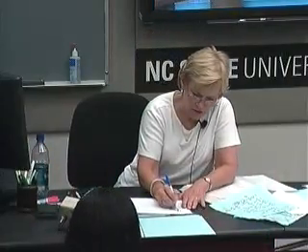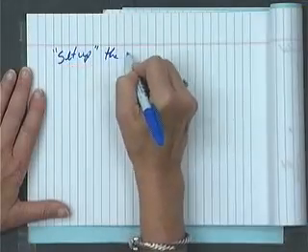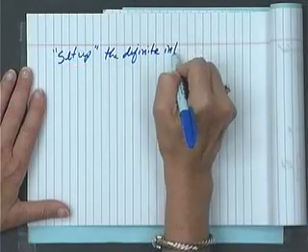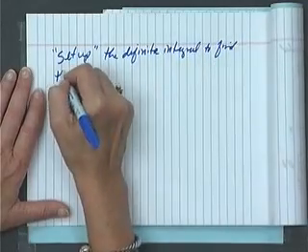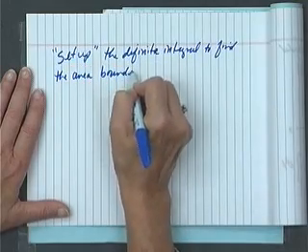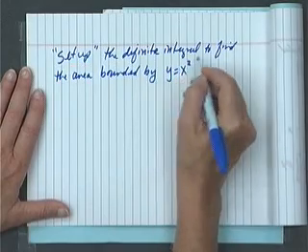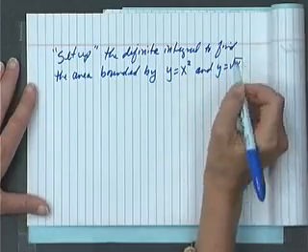This is just going to be a setup because my concern is your graphing. All right, we want to set up only the definite integral to find the area bounded by y equals x squared and y equals square root of x.